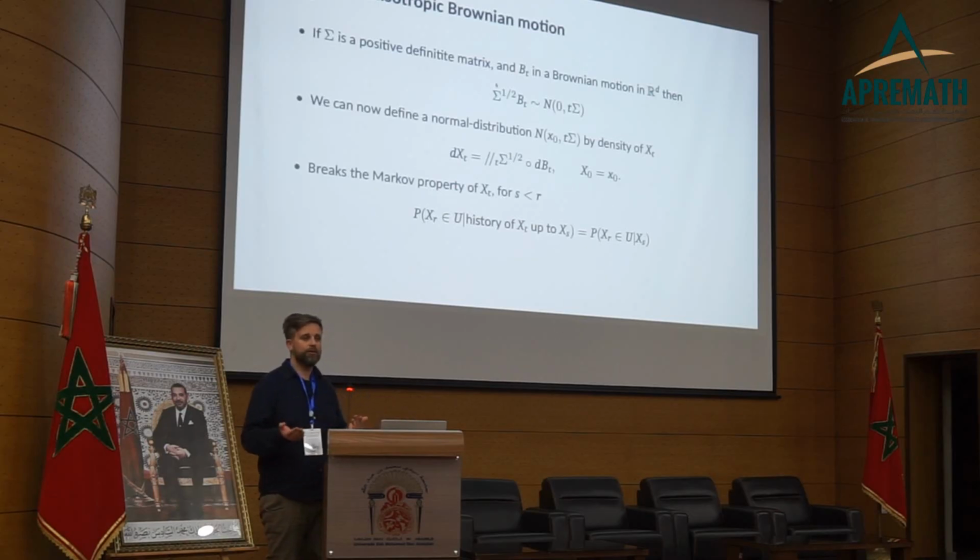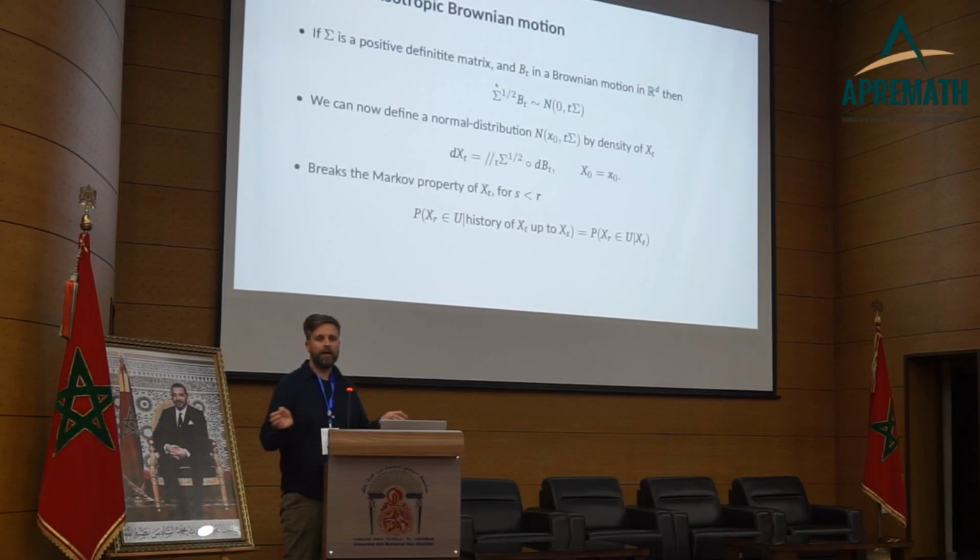If I want a normal distribution where I don't have a trivial covariance, where I have some sort of covariance matrix, what I can do is take the Brownian motion, which, I remember, had t times the identity matrix as its covariance matrix at time t, and multiply it with the square root of some positive definite symmetric matrix, and suddenly have something that's normally distributed according to that covariance. And then I can do the same.